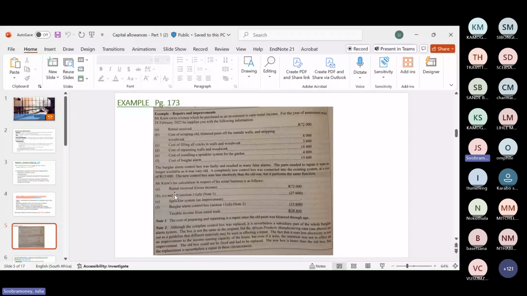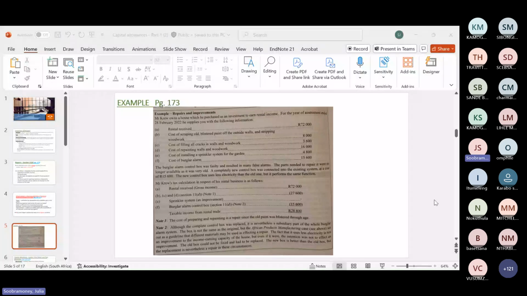Okay, let's look at number E. The cost of installing a sprinkler system for the garden. Do you think this is a repair or an improvement? So an improvement will also be a new asset, basically. What would you say?